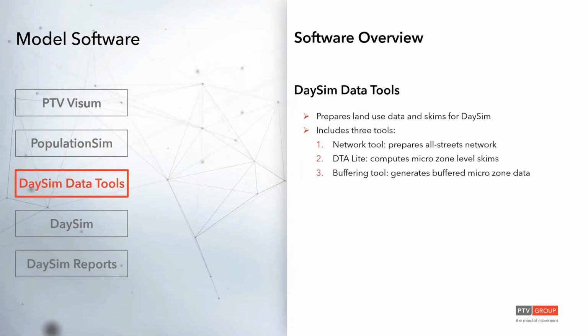So the next tool that we are going to talk about is Dacing data tools. Dacing requires various inputs. I would say the three main inputs to any ABM or Dacing is it needs a synthetic population of persons and households, and then it needs land use data, and it needs skims.